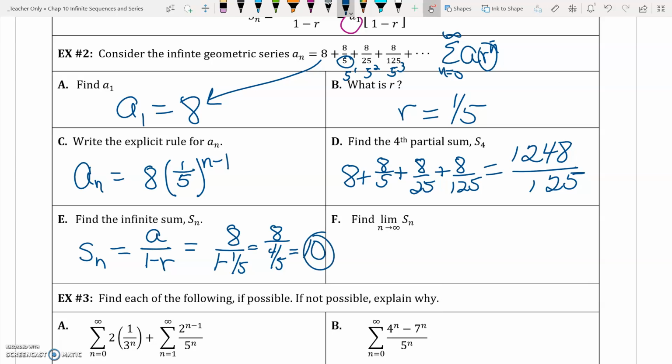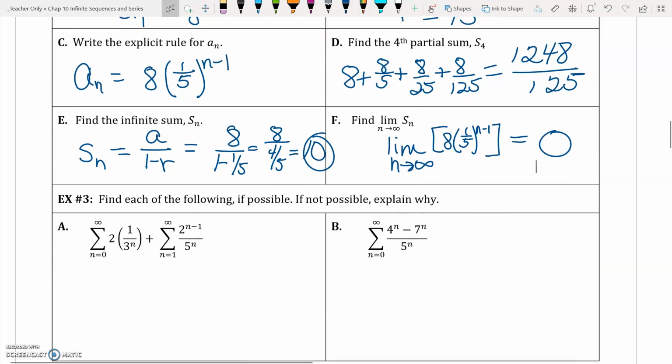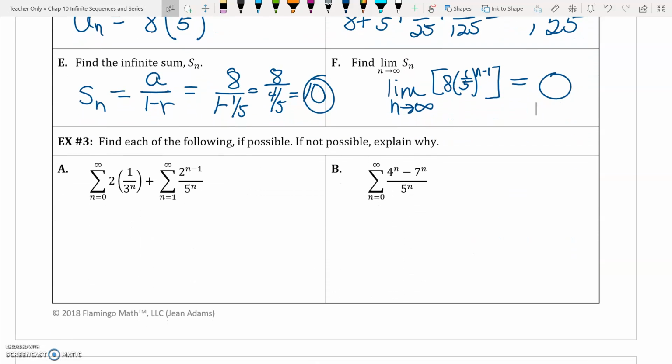Now we want to find the limit as n approaches infinity of 8 times 1 over 5 to the n minus 1. And when we do this, we're going to see that this indeed goes to 0. So I'm going to stop here, and I will continue in the second video.